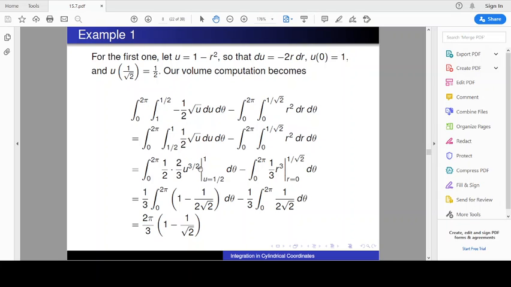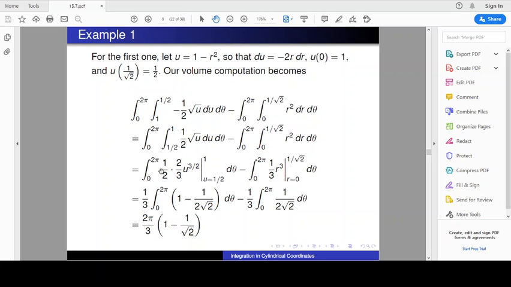So now we'll have u to the 3/2, which we'll evaluate at 1 and at 1/2 and take the difference. The second of those two integrals we can now evaluate. It was just r squared, it becomes 1/3 r cubed. And we'll evaluate that one at r equals 1 over the square root of 2 and r equals 0 and take the difference.